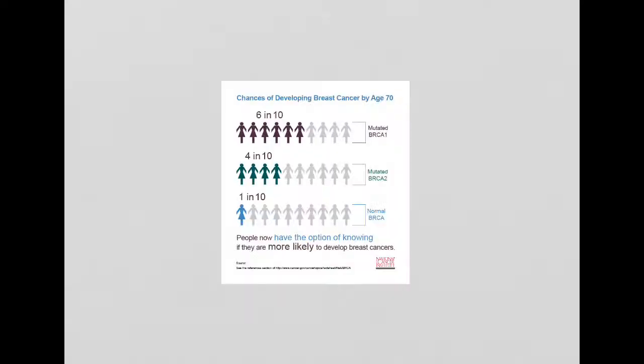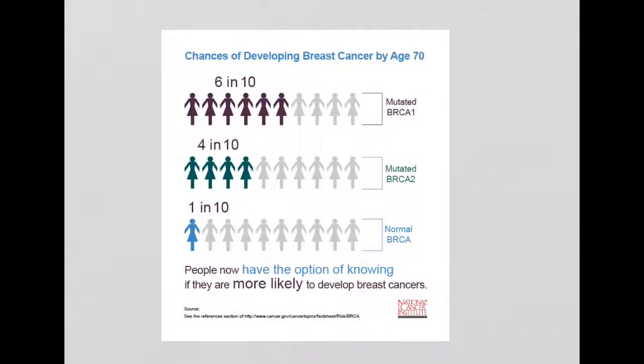This is pretty compelling data, which says that if you are somebody who has the mutated BRCA1 gene, you have a more than 50% chance of developing breast cancer by age 70, and sometimes much younger than age 70. And then you could have a mutated BRCA2 gene as well, which doesn't double the chances.